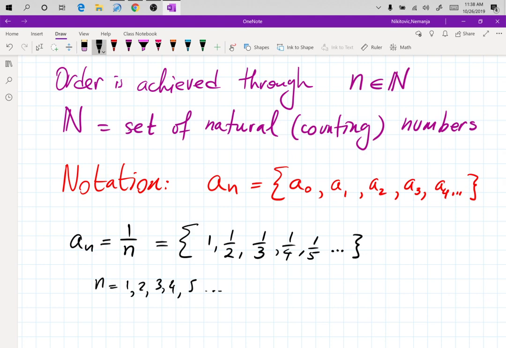Can you put these in another order? You can't. The order is going to be unique, because the first number in counting is 1, right? Because I'm going to count the number of students I have. I'm going to start with 1, and then 2, and then 3, right? So when my counting starts at 1, then n is equal to 1, and 1 divided by 1 is 1. The next number in the sequence is 2, so 1 divided by 2, that's a half. And then 3, and then 4, and so on.